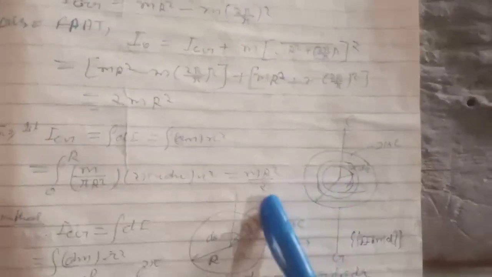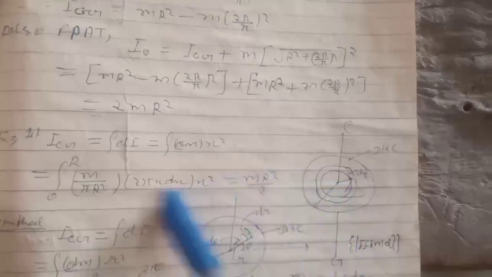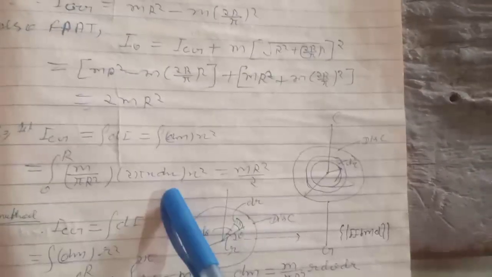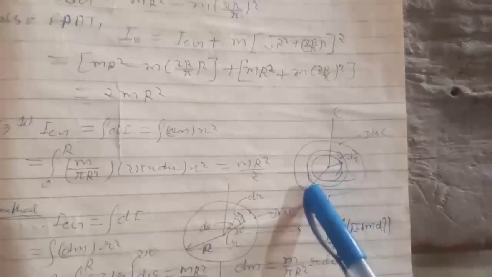In this case, for a disk, I is integration dI, integration dm into x square, or 0 to r m by pi r square into 2 pi x dx into x square, equals mr square by 2.